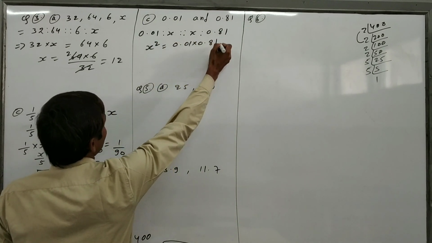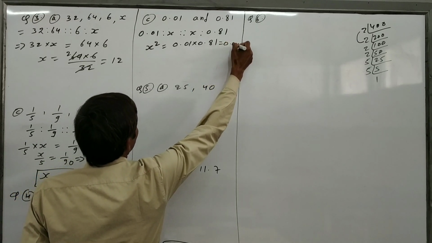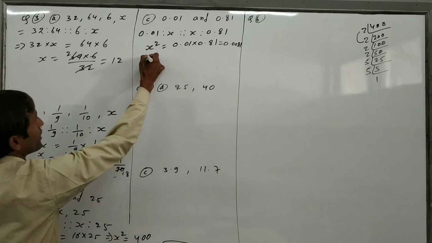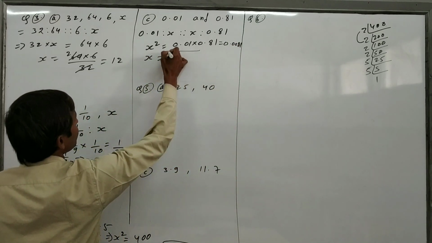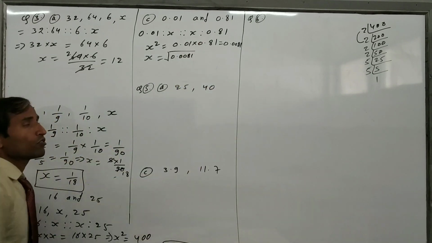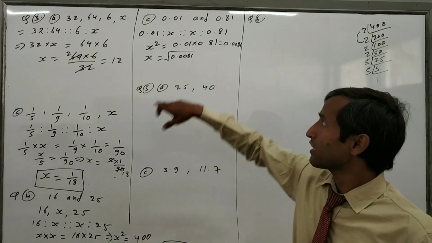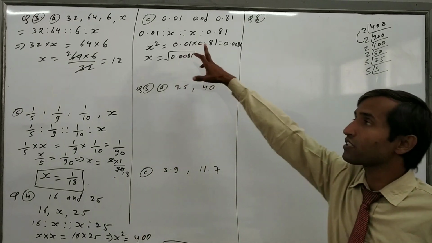Then we will do multiplication, then it will come 0.0081. If you remove this square, then it will become the square root of 0.0081. Then remove the point. This point is coming under the square root, so we have to find the square root of this number.